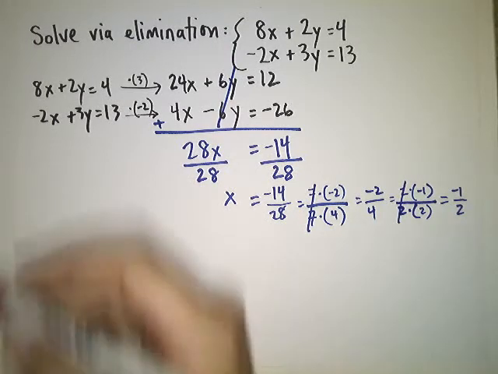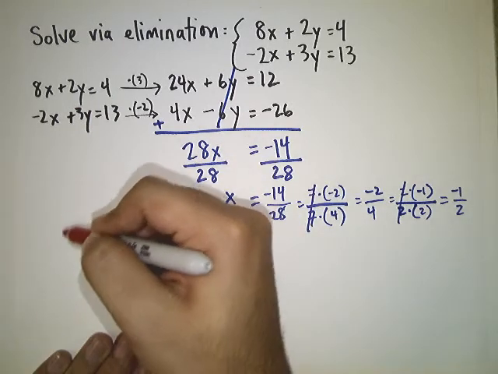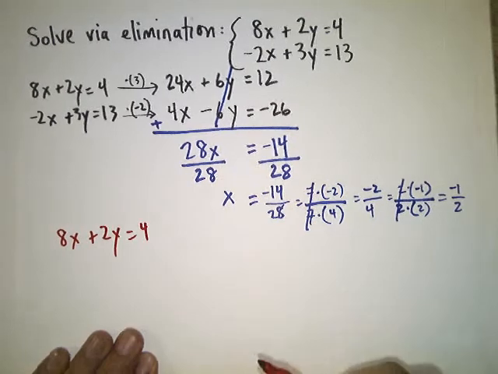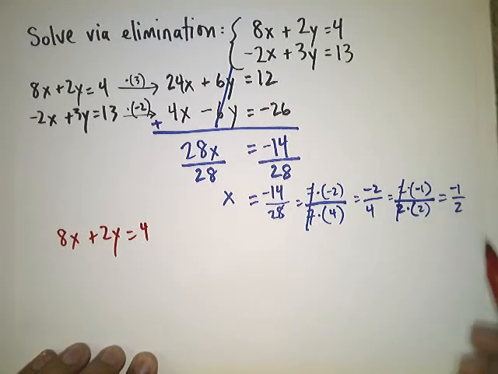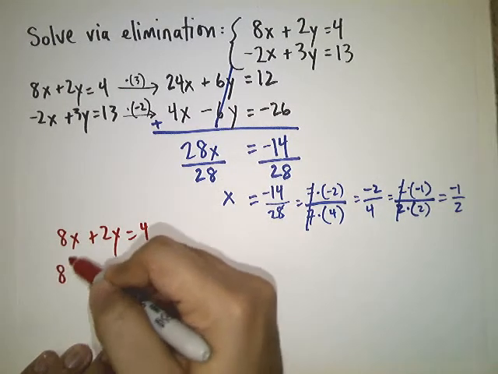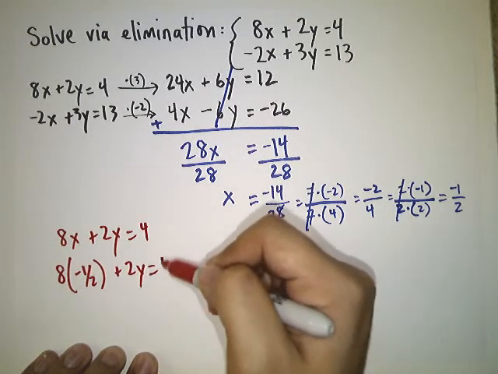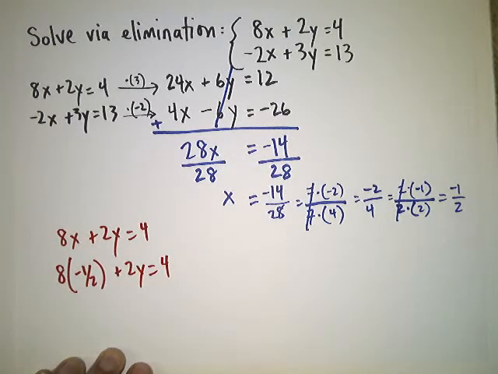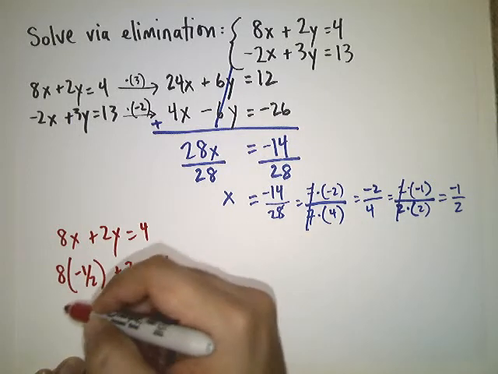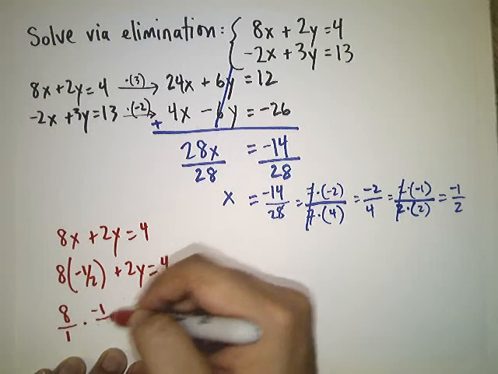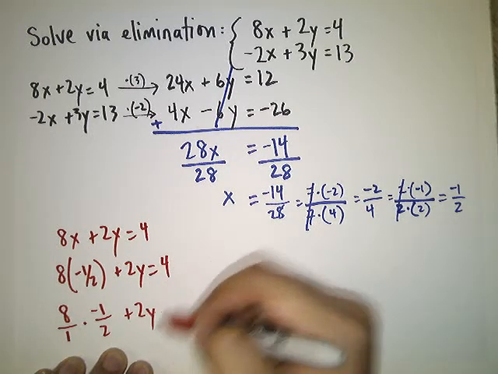So let's see. 8x plus 2y equals 4. Plug negative 1/2 in for x. 8 times negative 1/2 plus 2y equals 4. Okay, well, we can write that in a neater way. 8 over 1 times negative 1 over 2 plus 2y equals 4.